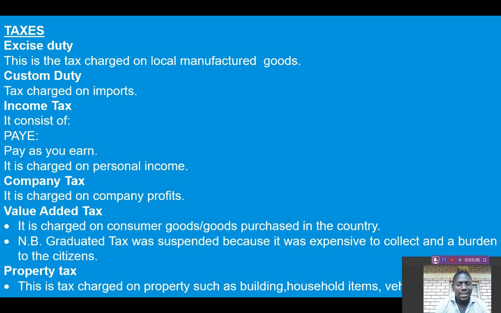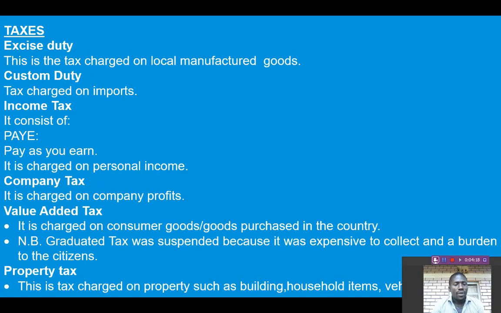On your salary they charge some money, and that money is used as government revenue. Then we also have company tax. It is also part of the income tax. It is charged on company profits. So when a company makes a lot of profit, it is supposed to pay revenue to the government.